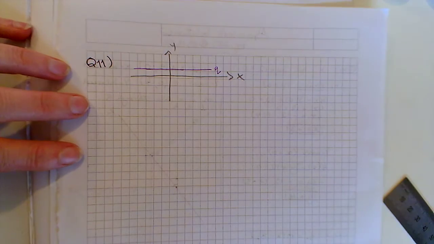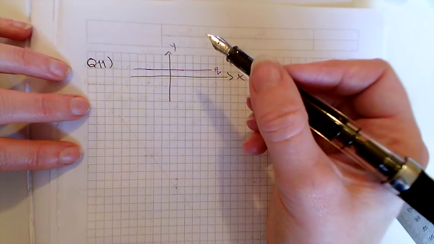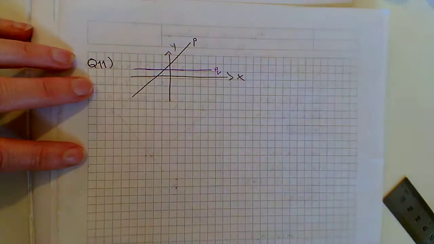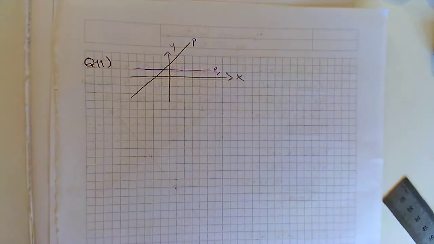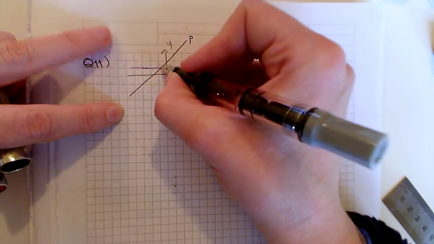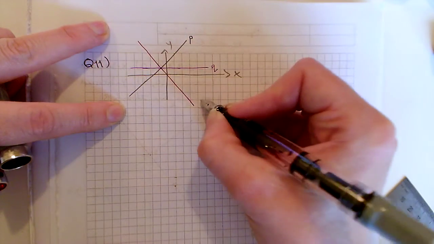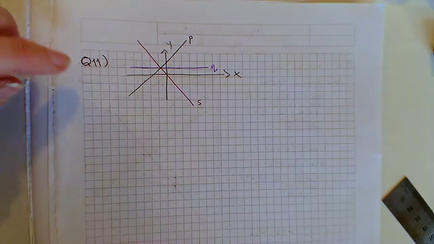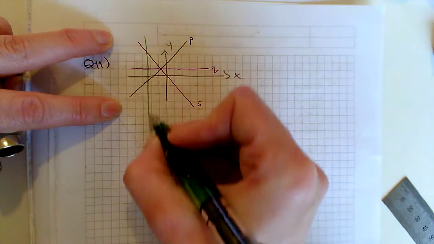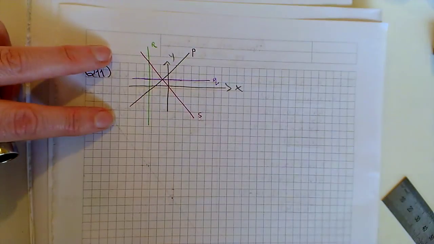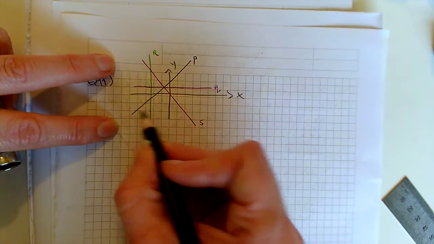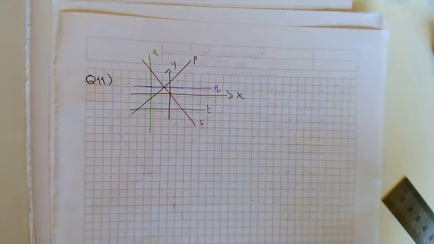We had a line P like this, and we had a line S which went through their points of intersection like this, and we had a line R over here, and finally we had a line T. They're all different colors. Line T coming across like this.